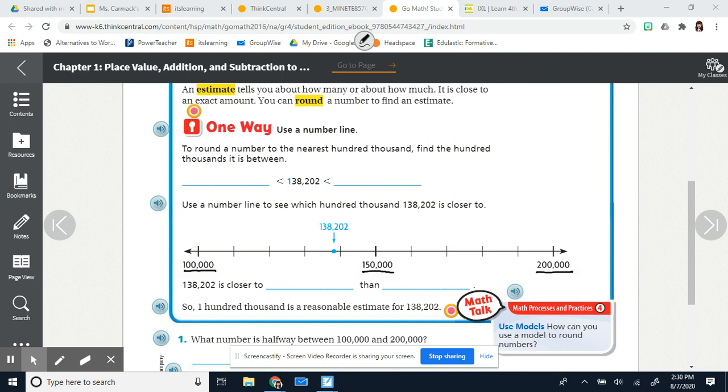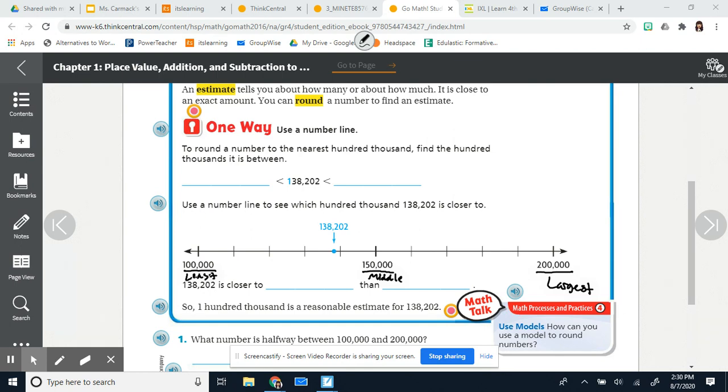So that's our largest number. And then here's our least. This is just middle. Okay. So just looking at this number line, which side is it closest to? Is it closer to 100,000 or 200,000?